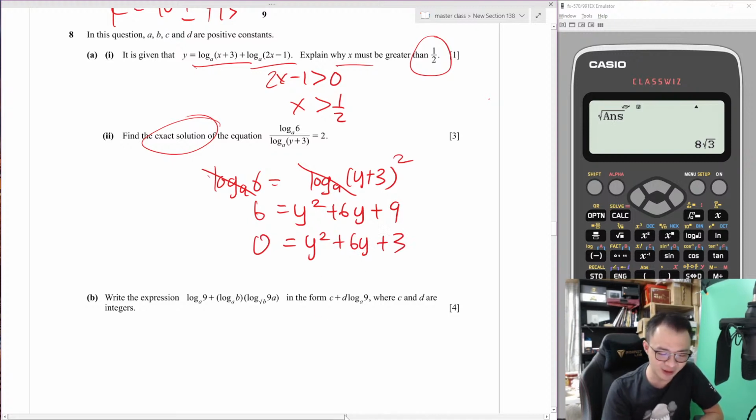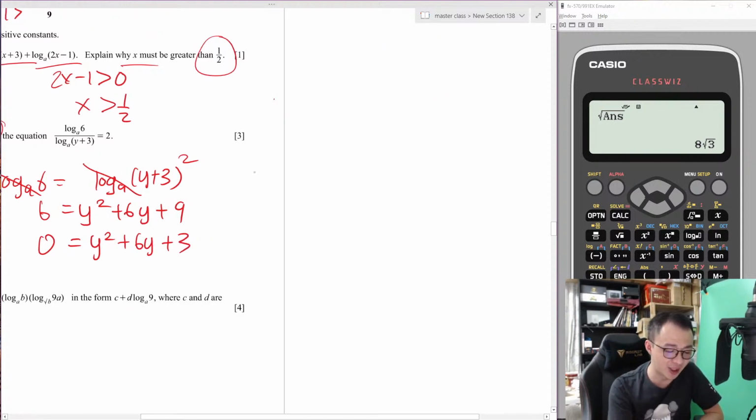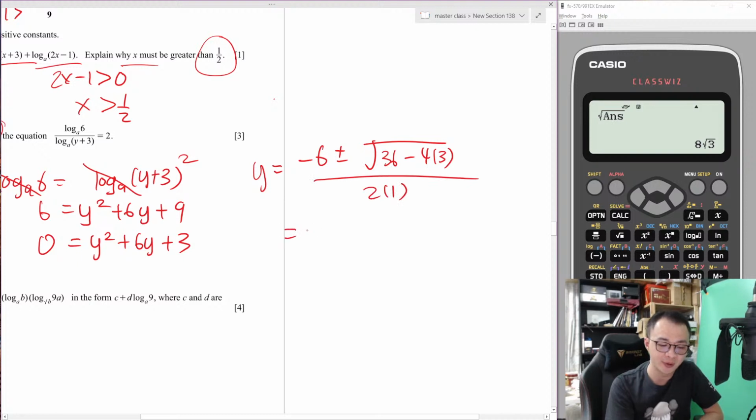Alright, another quadratic. I'm not sure why they love quadratics so much. So y equals negative b plus minus square root of b squared, 36, minus 4ac, divided by 2a. Okay, this is 36 minus 12, 24, over 2. 24 will be 4 times 6, right?